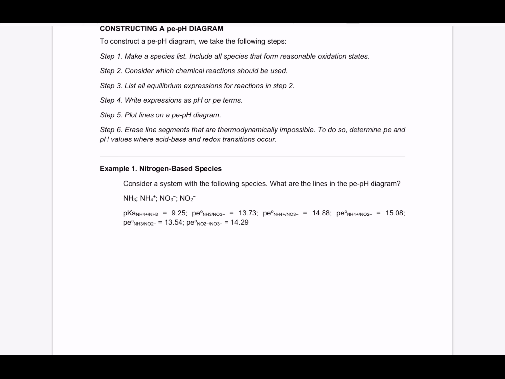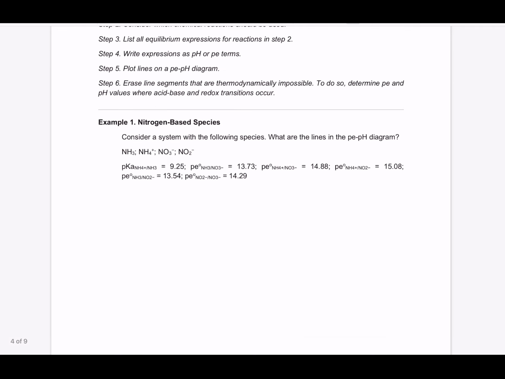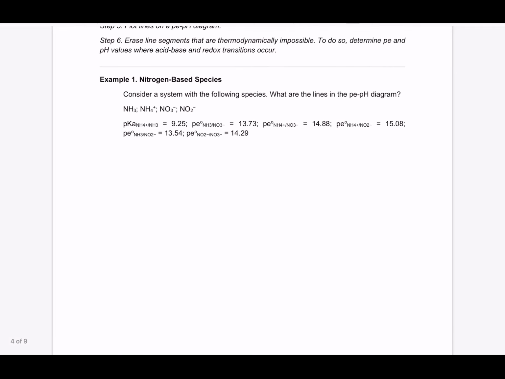So the first part is just a quick practice of the first 4 steps. Now we have a system that is nitrogen-based species. We have ammonia, we have ammonium, we have nitrite, and nitrate. So 4 species are given, right? And let's say we don't have this information. Let's just ignore it for now.